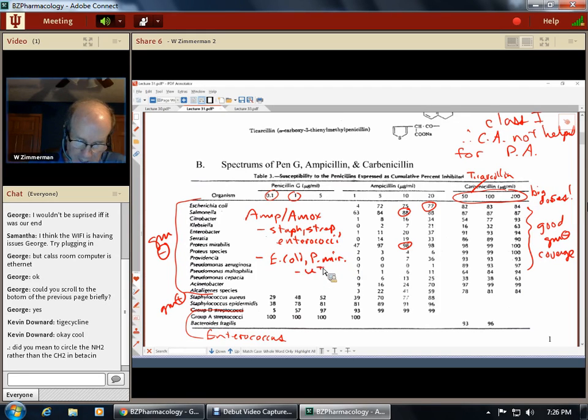These are common for UTIs. And that's why you see ampicillin and amoxicillin used for UTIs a lot. They can also be used for strep throat because of the gram-positive coverage. And lastly, they get Salmonella. But other than that, as far as gram-negatives, there's not great coverage there, not compared to that far right column with the ticarcillin type drugs.